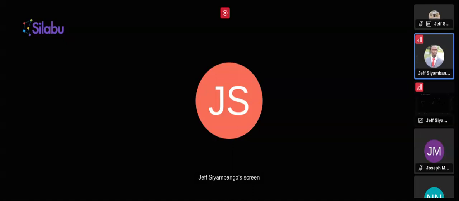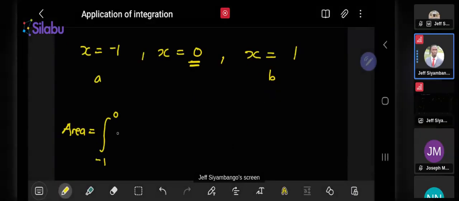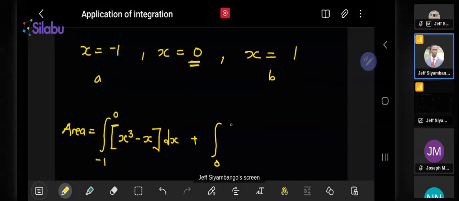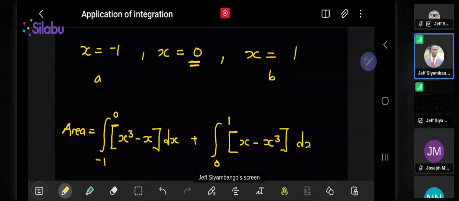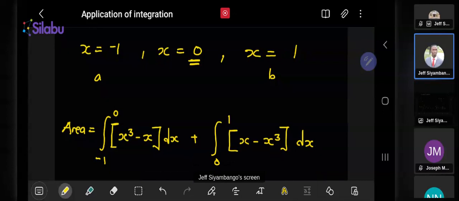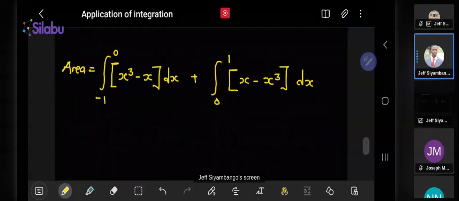Then the second part, now from 0 to 1, the positions are swapped, so it's now minus x to the 3, then dx. Okay, any questions there? Here, the tricky part was just knowing how you interpret those two different sections and how you combine them to get the total area.